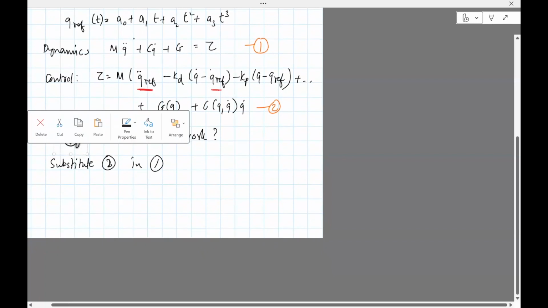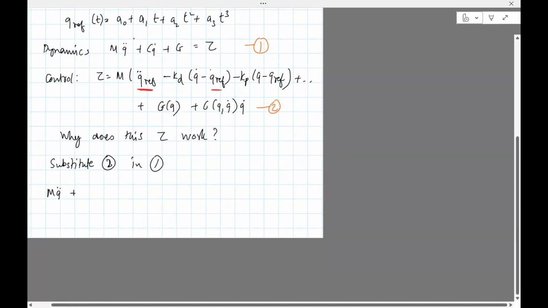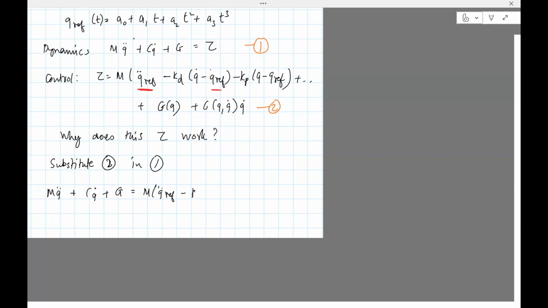So we have mq double dot plus cq dot plus g equals, the torque is all this, q double dot ref minus kd (q dot minus q dot ref) minus kp (q minus q ref) plus c q dot plus g.